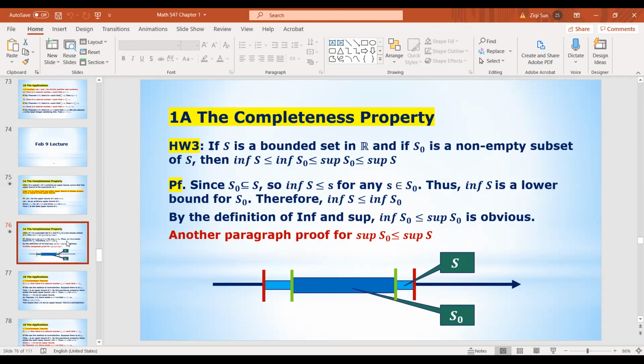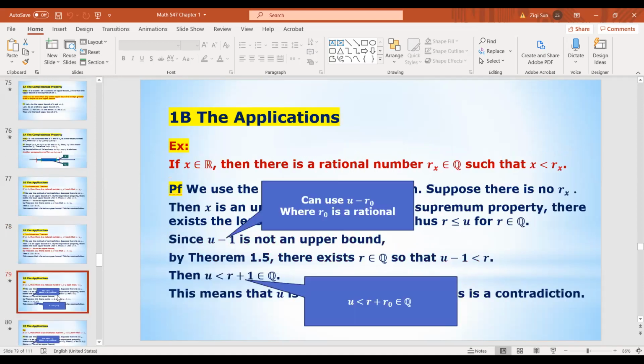So I will continue to look at the other problems, like, okay, go to 79. Remember what we talked about, the Archimedean property, and we also mentioned some similar results like this one.